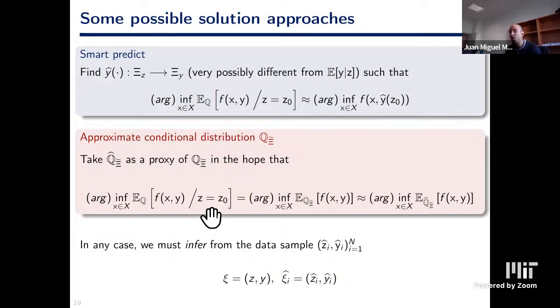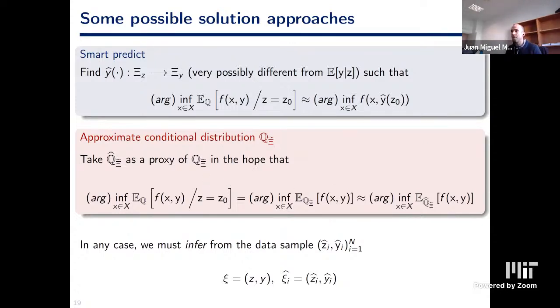In the example that I'm going to show in a minute, this will be the conditional distribution of the wind power forecast error given the point prediction of the wind power. Okay, we will see. So the idea is to get an approximate conditional distribution and then solve a surrogate conditional stochastic program, which hopefully is more tractable and has a solution that is going to be close to the one that we really want to solve with the true distribution.